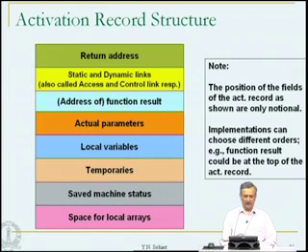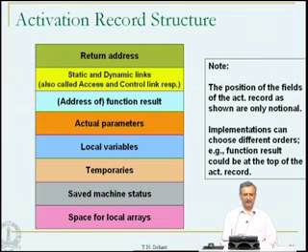It stores what are known as static and dynamic links. These are also called access and control links. So, these static and dynamic links are used to control the stack structure, and the static link is used for the access of global variables. Function result or the address of the function result is also stored on this activation record.